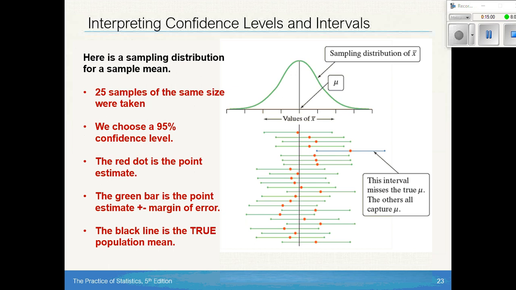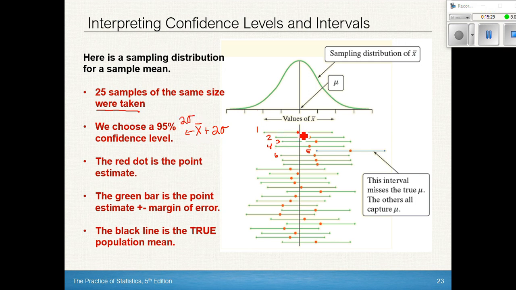Here's a sampling distribution for a sample mean, and let's take a look at what this means. 25 samples of the same size were taken, so we have sample 1, 2, 3, 4, 5, 6, up to 25. We chose a 95% confidence level, and all that means is I took my sample and added 2 standard deviations and subtracted 2 standard deviations.